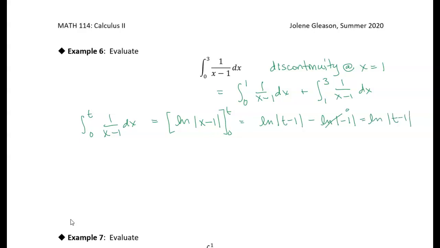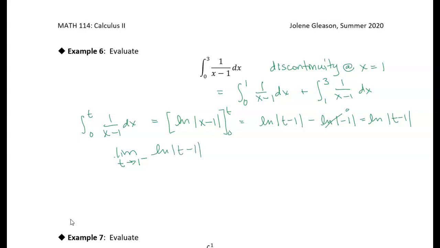Okay. Now I just want to take that and do the limit as t goes to 1 from the left this time, because I'm coming at it from the left, right? So I'm going 0 up to t. So I'm coming at it from the left, of the natural log of the absolute value of t minus 1.